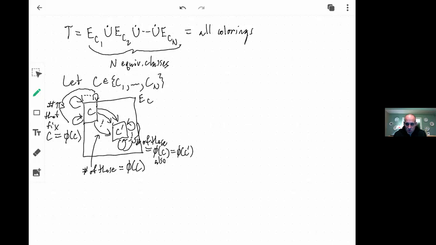Let me ask you a question. If I were to actually look at the sum, think about this. Note the following, this is kind of an important thing to note. What would happen if I were to take and actually add up all of the phi of C's for each one of the colorings in an equivalence class?